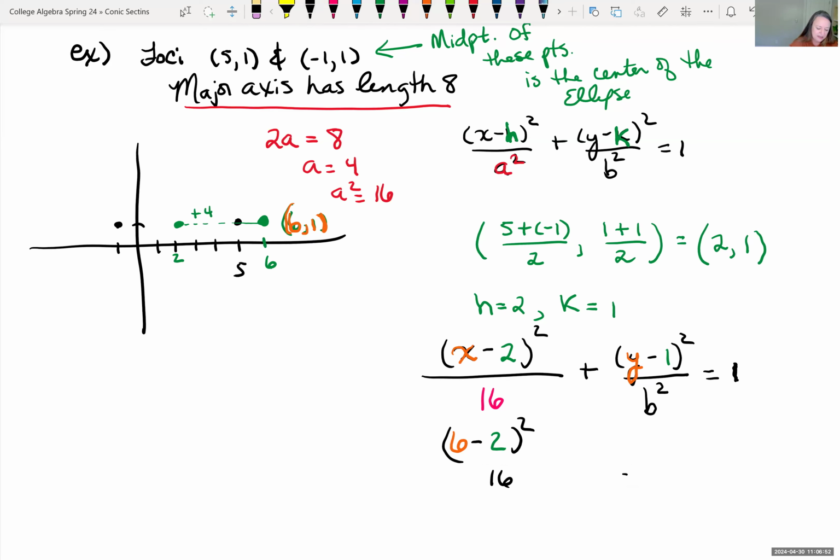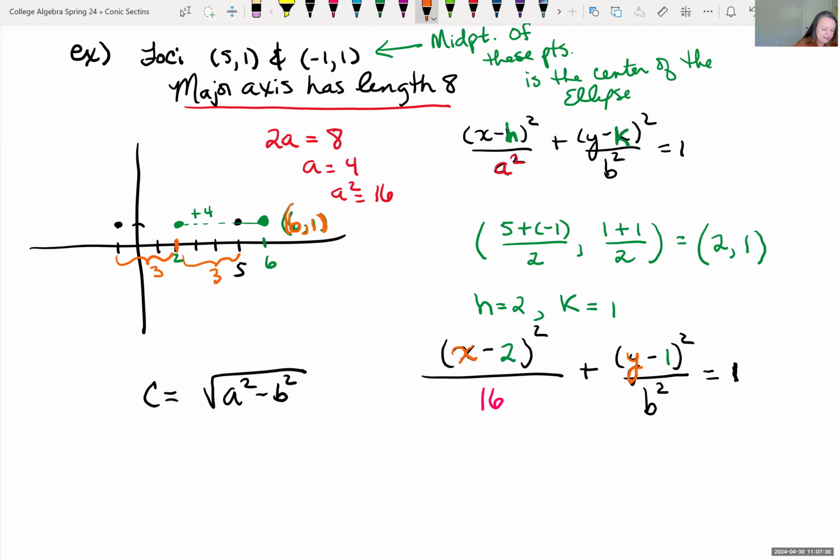So let's go back. Let's look at something else we know. We know that C is equal to the square root of a squared minus b squared. Well, I know what C is. C is the length from a foci to the center. So if I was going from my center of 2, I would go over to the left 3, and I would go to the right 3.